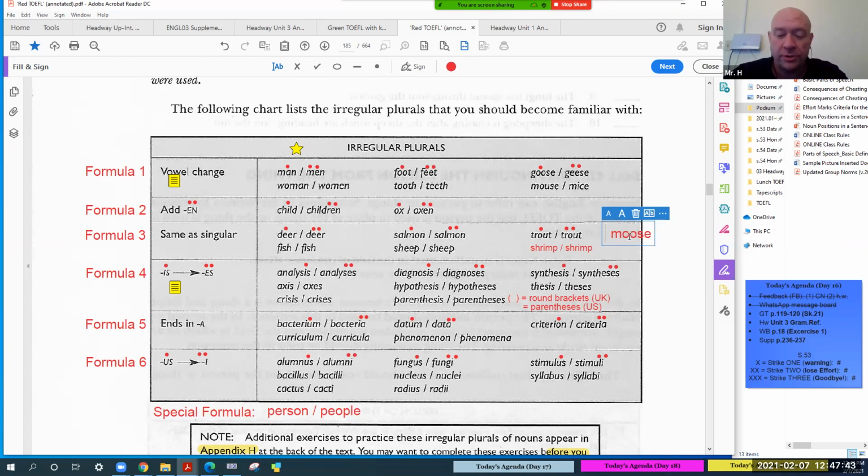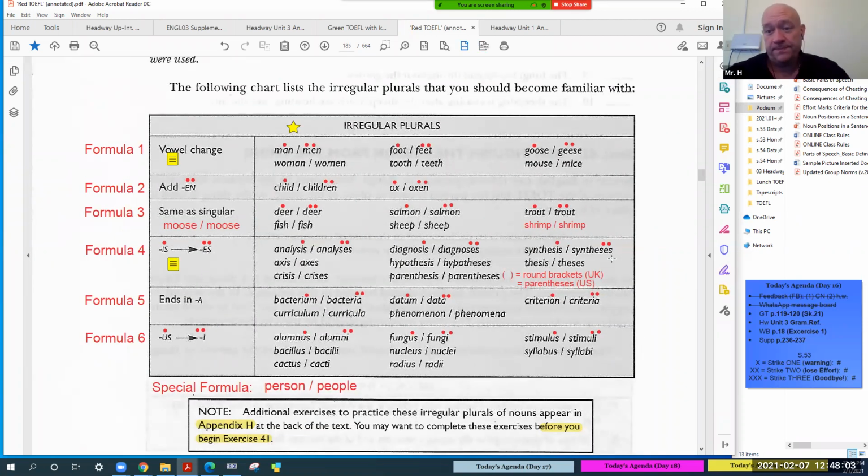It's called moose. These are big animals in Canada. Okay. Yeah, they're mostly animals.